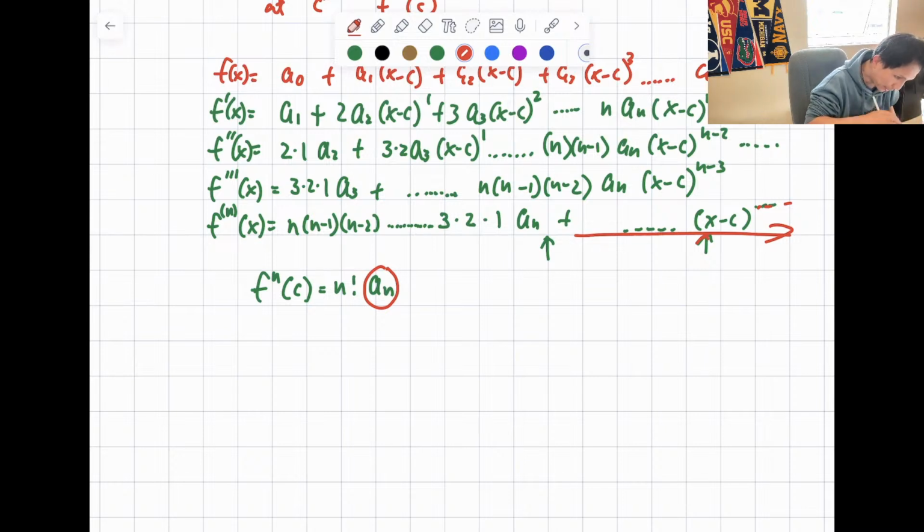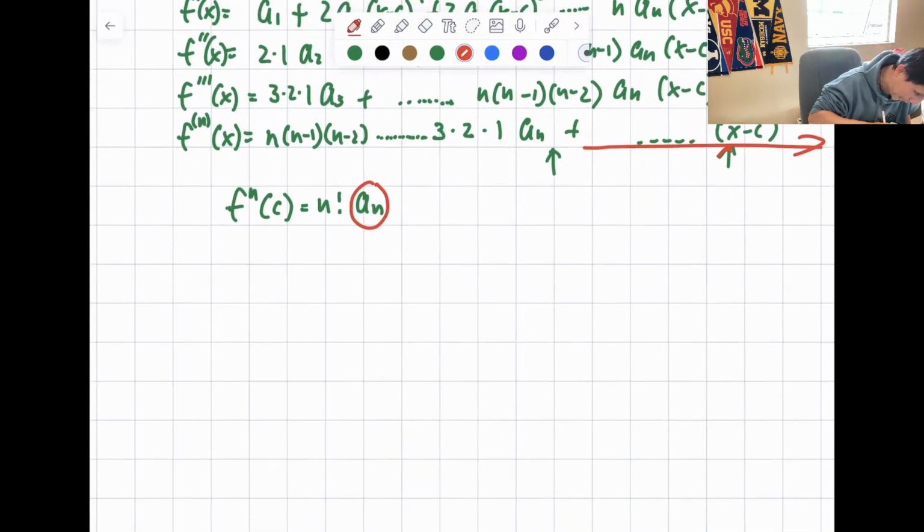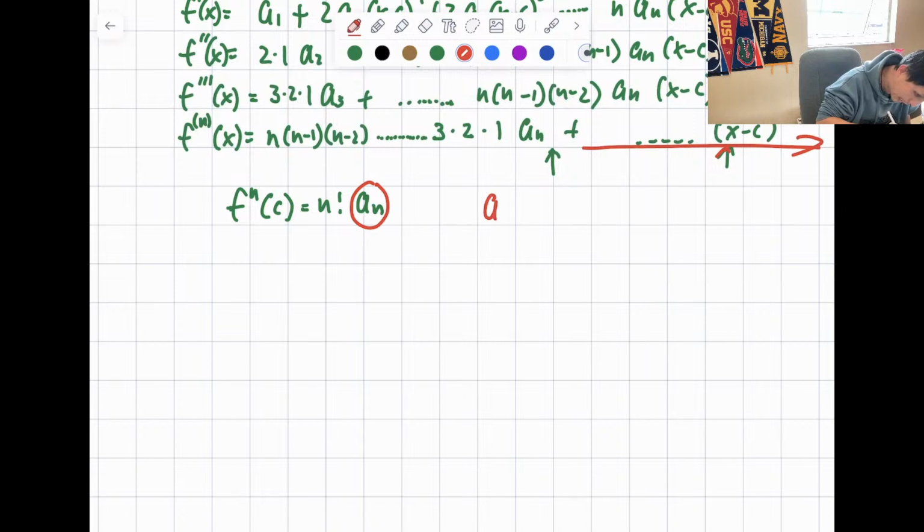Okay. So we are solving for a_n. So what we're going to do is say a_n equal to f^(n)(c) over n factorial. And that becomes what we want.